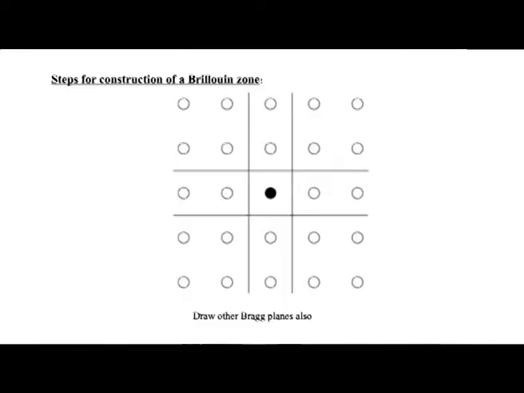Now, repeat the same process so that we can draw the other Bragg planes also. As you can see in the figure there, you will see 4 different Bragg planes, which correspond to different reciprocal lattice vectors connecting different neighbors of the designated origin which we originally took.